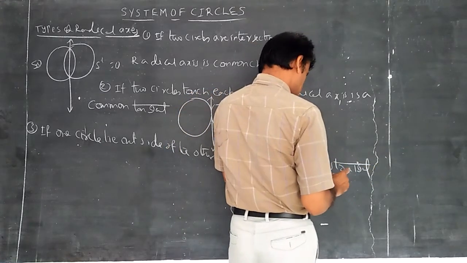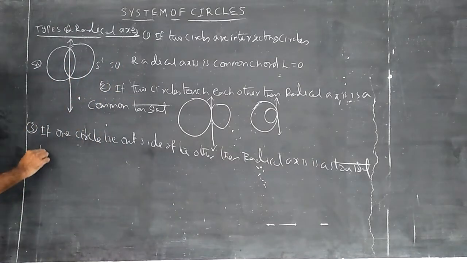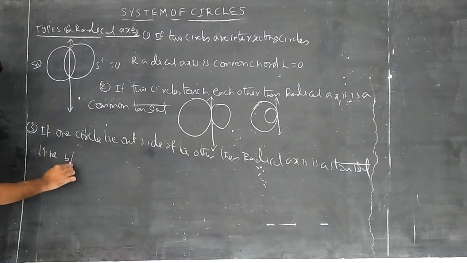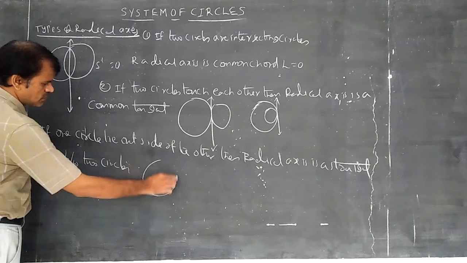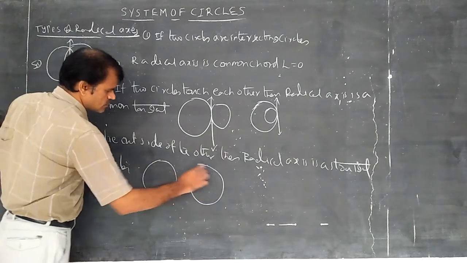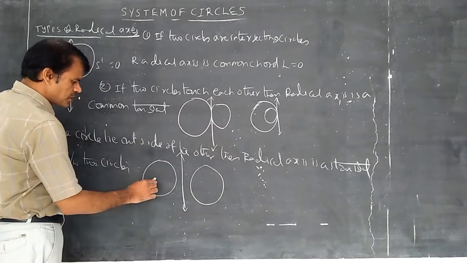Radical axis is a straight line that exists between the two circles. Draw like this. The powers of a point with respect to the two circles should be equal.